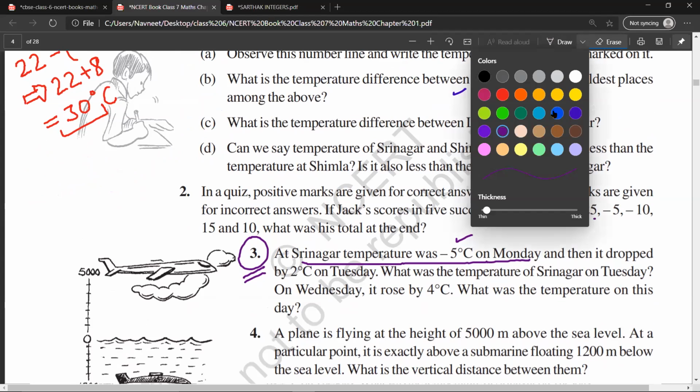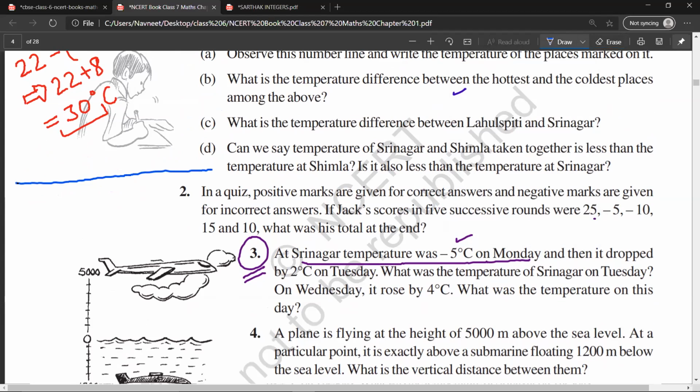If we have this number line, it was -5 on Monday. Drop means, does it increase or decrease? Decrease. So if it decreases by 2 degrees Celsius, what will be the temperature on Tuesday? -3 degrees.